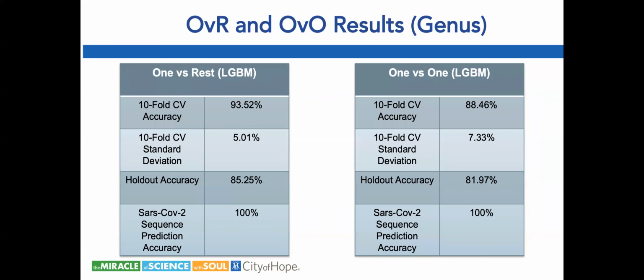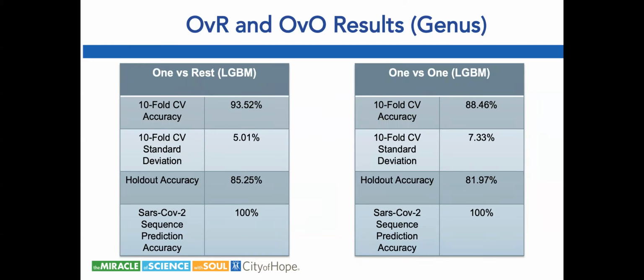And so here's some results of that, where out of all the models in PyCaret, we have ensured that we have employed the one versus rest and one versus one strategies for the entire model catalog. And what we've seen is that for the light gradient boosting machine, the one versus rest gives us the best performance in terms of our average 10-fold cross-validated accuracy.